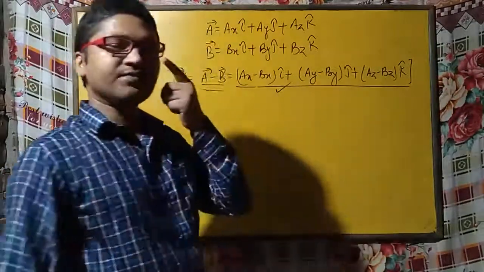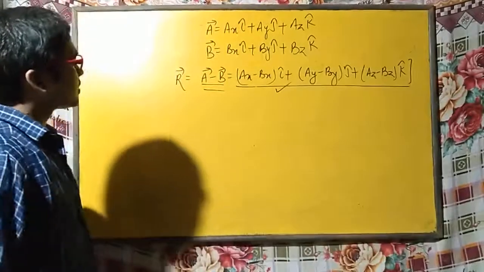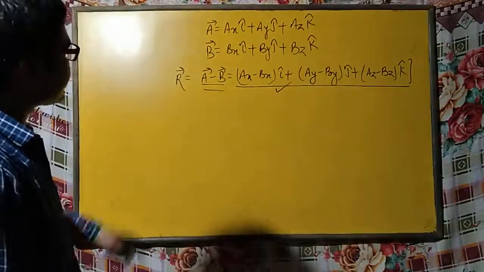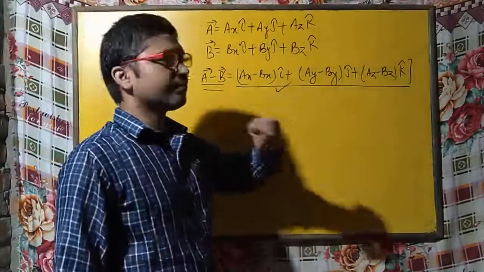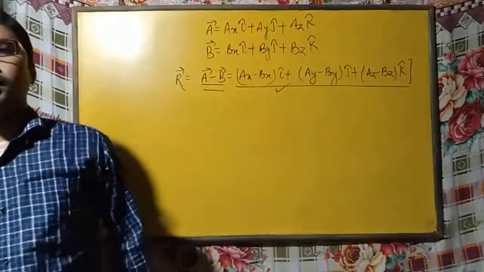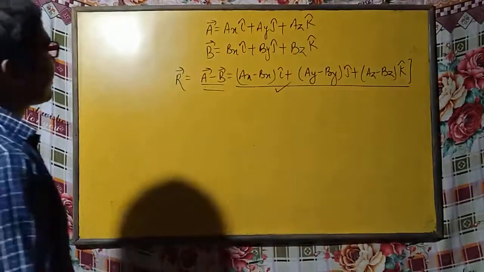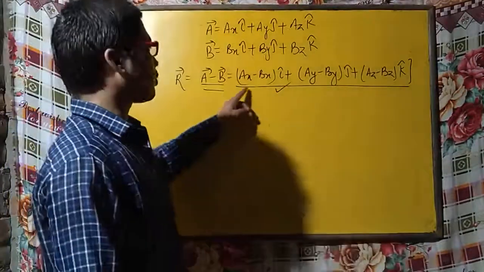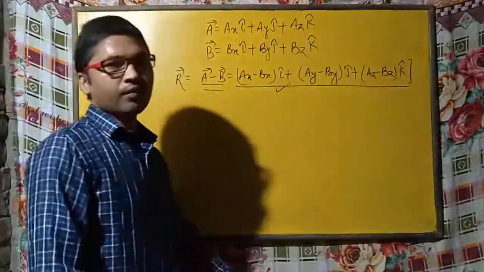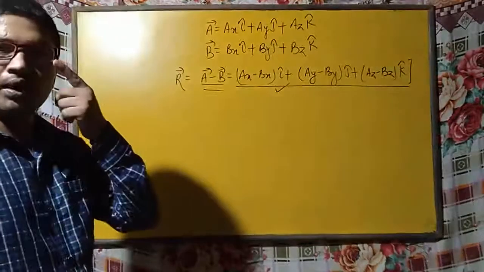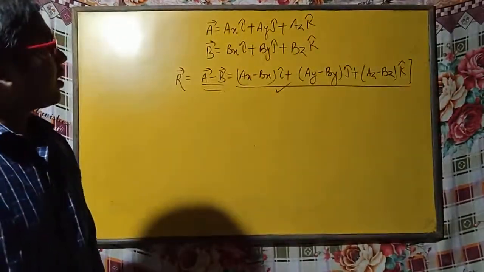Okay, so this is a very interesting part. You must remember that after subtraction the nature of the vector quantity does not change. Since we are studying vector quantities, after subtraction the quantity remains a vector. Okay, so I hope you understand this one.